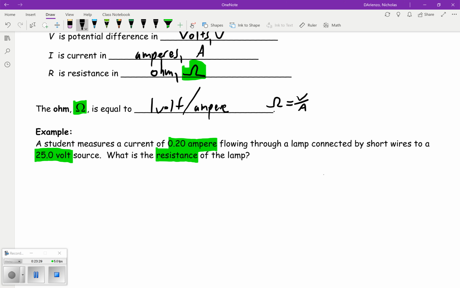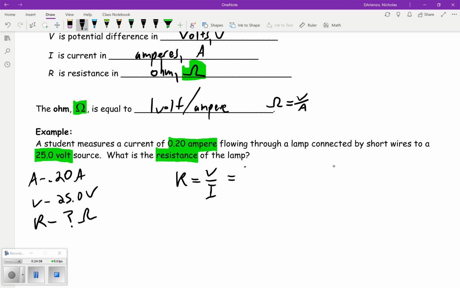So let's define these specifically. We have an amperage of 0.20 amps. We have a voltage of 25.0 volts. And our resistance, we don't know how many ohms that is. Well, Ohm's law tells us that resistance equals the ratio of potential difference over current.